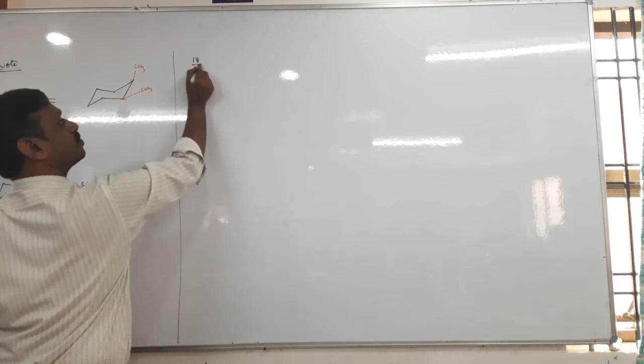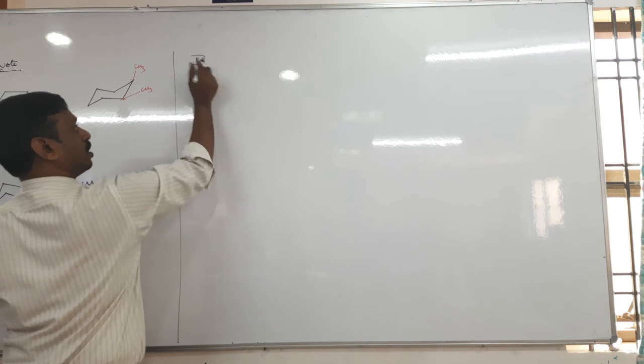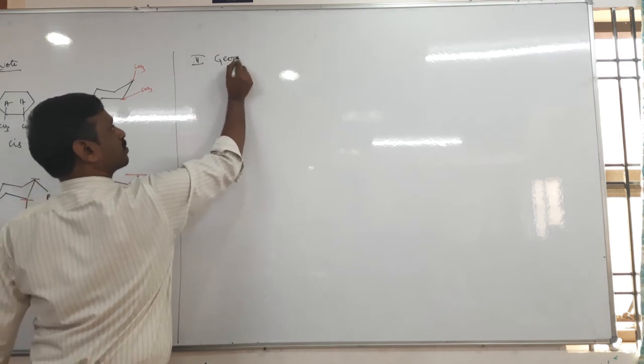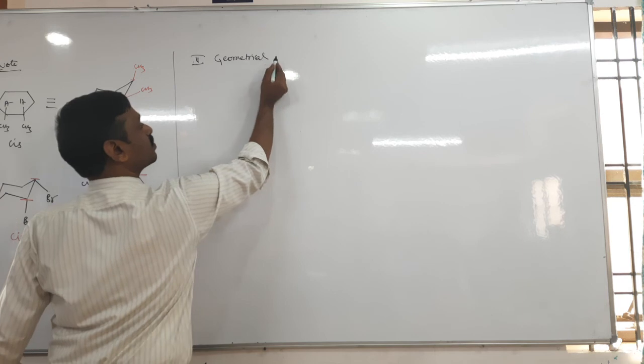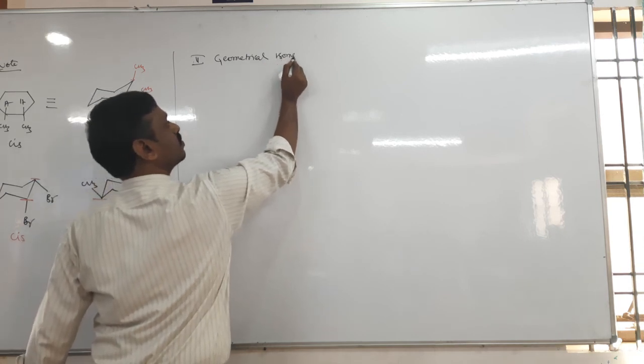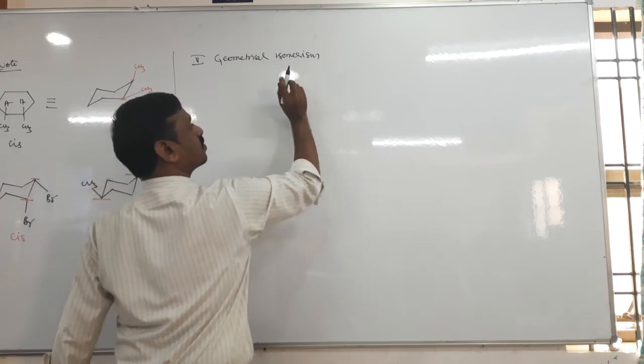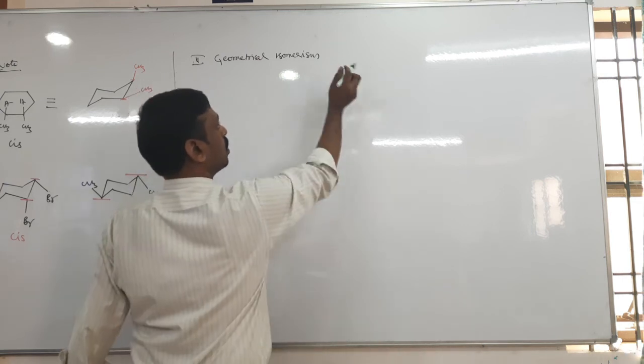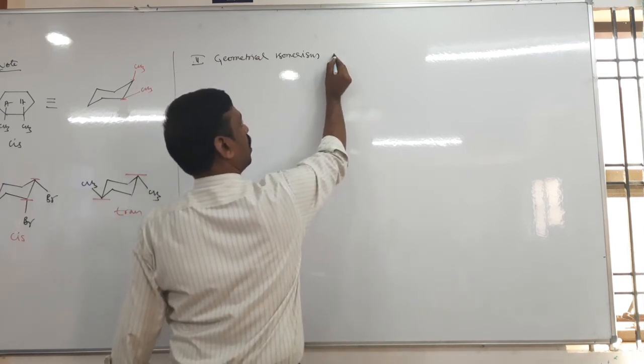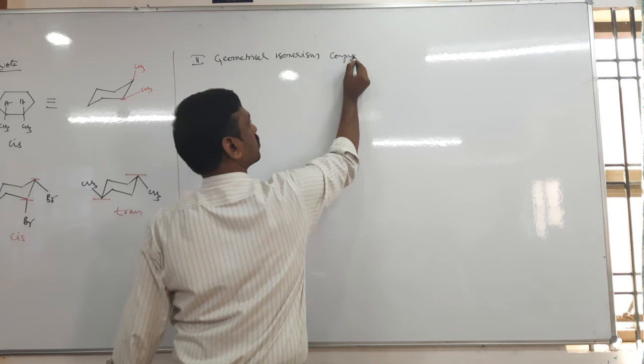Fourth one, fifth one. Right. Geometrical isomerism in conjugated dienes.